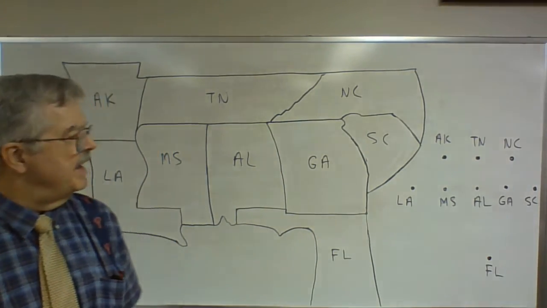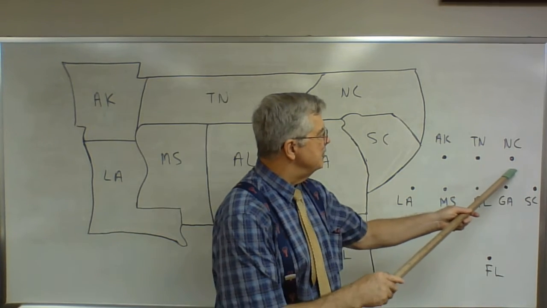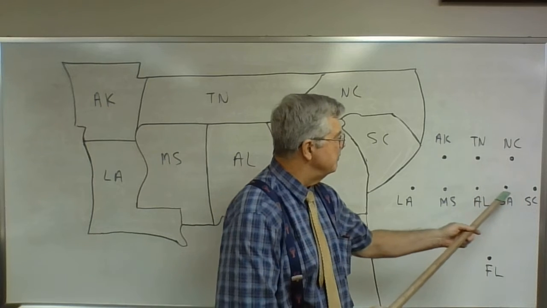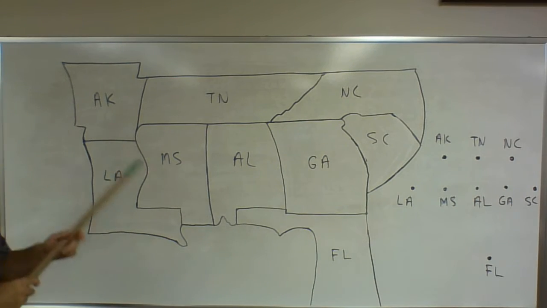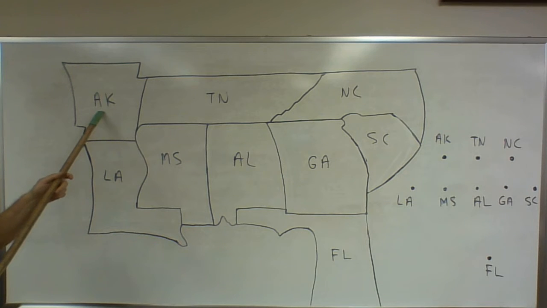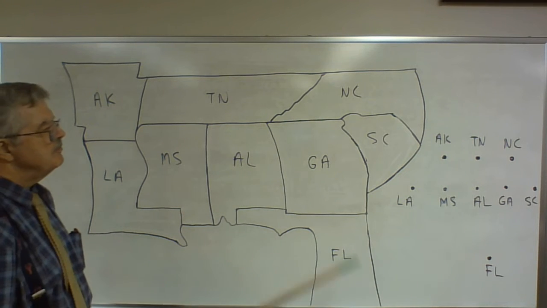Here's what I did. I decided to arrange the vertices going left to right in pretty much the same order that the states appear in the map. Starting up top and going from west to east, we have Arkansas, Tennessee, North Carolina.